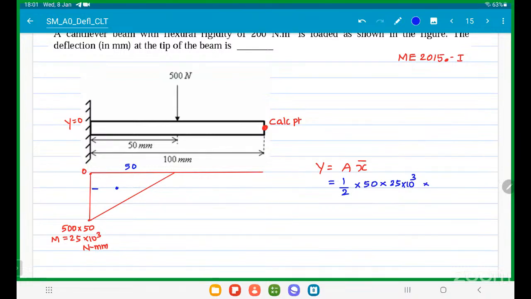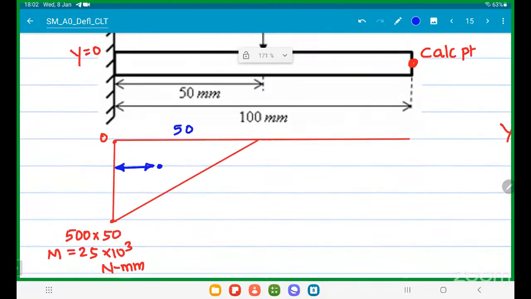What is this distance? 50 by 3. What is 50 by 3? 16.666.